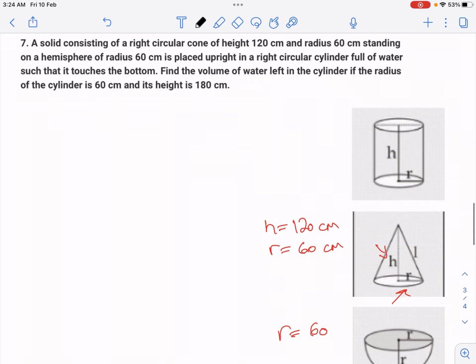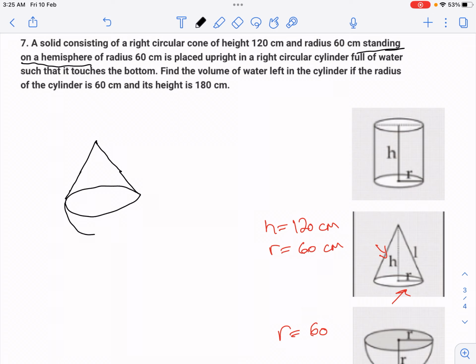First of all, they told us it's a cone. So we will try to draw a cone. This is the cone. Then they said this cone is standing on a hemisphere. So how is it going to look?